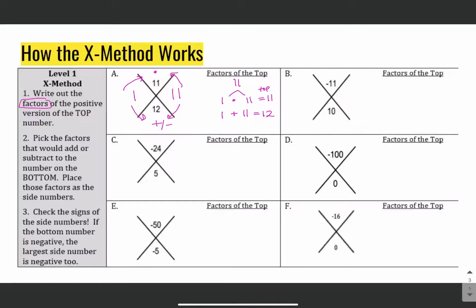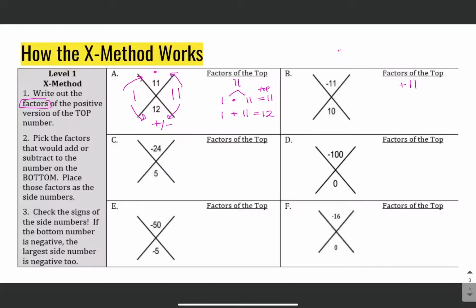All right, we've looked at some positive numbers, and now we're going to look at some negative numbers. So let's look at how negative numbers come into play here. Again, I'm going to start with the top. My top number here is negative 11. And again, I want to do just the positive version.